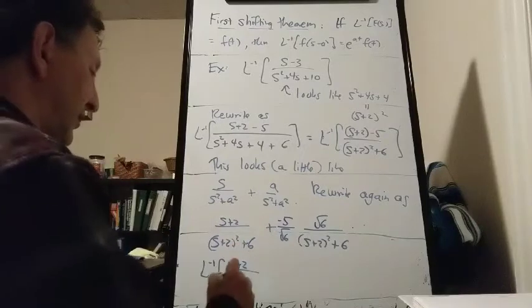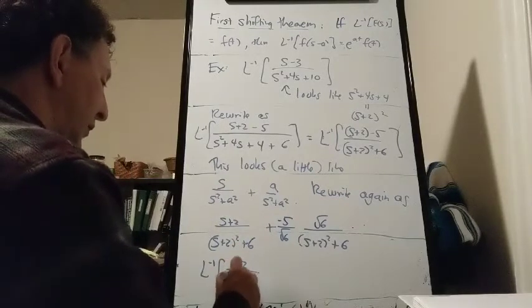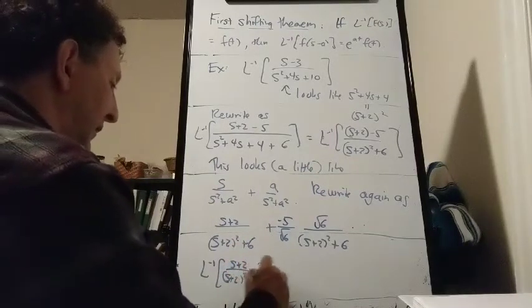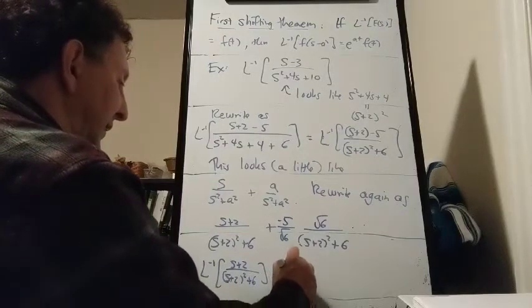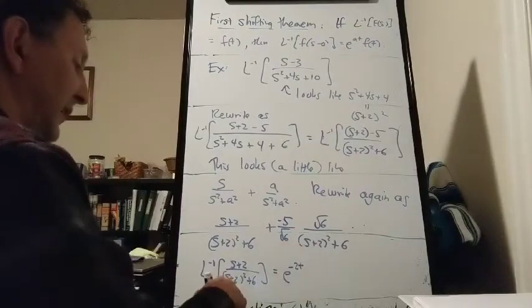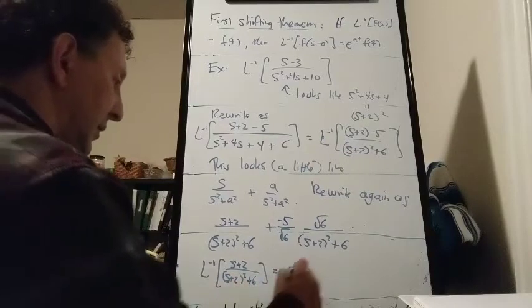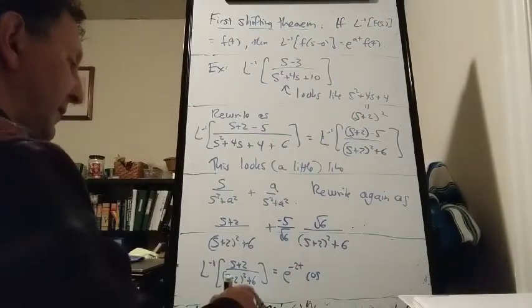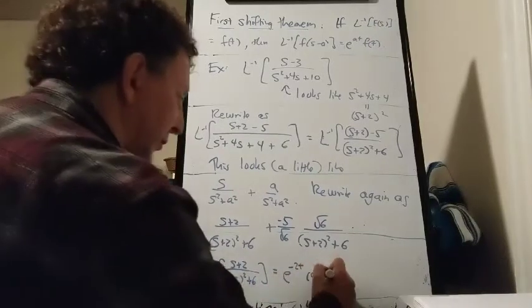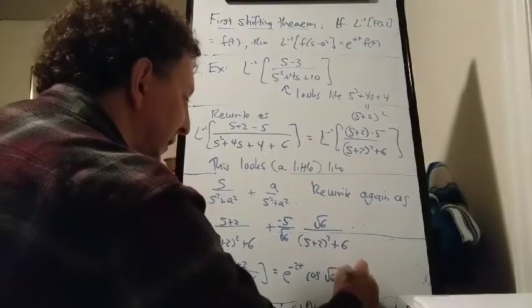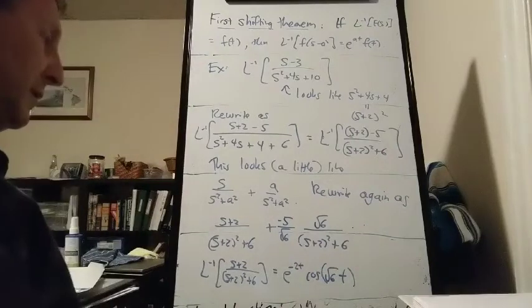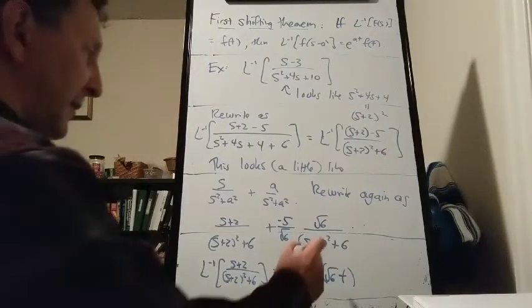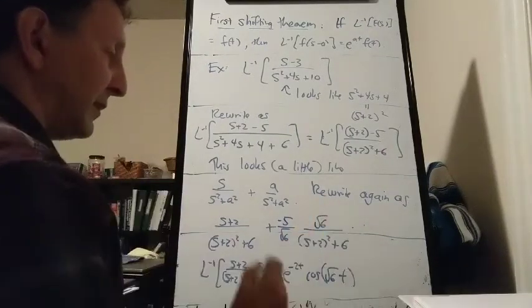Now the inverse Laplace transform of s plus 2 over s plus 2 squared plus 6 equals e to the negative 2t, because this is s minus negative 2, cosine of square root of this number, so square root of 6 times t. And then this part is sine.